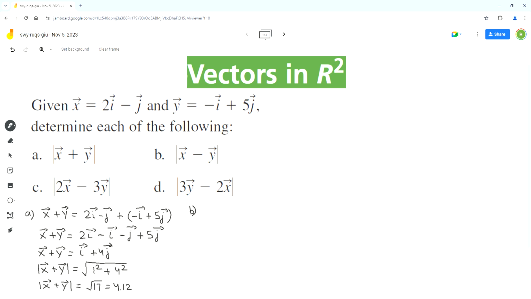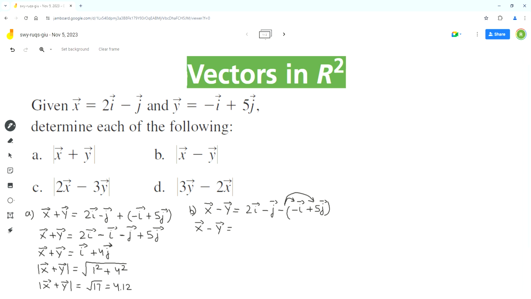So in part B, we first should calculate vector x minus vector y. Now in this expression, we'll have to distribute the negative sign into the parentheses.